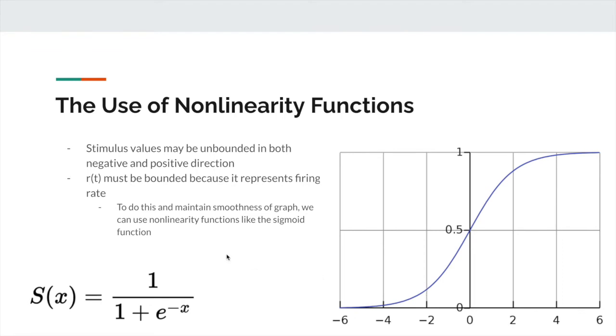By doing this, we essentially maintain the smoothness of the neural response function, and this is desired because it accurately represents what's happening in the neurons. And we're also able to effectively bound the values of the neural response where it otherwise might not have been.